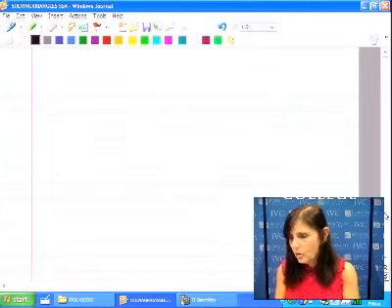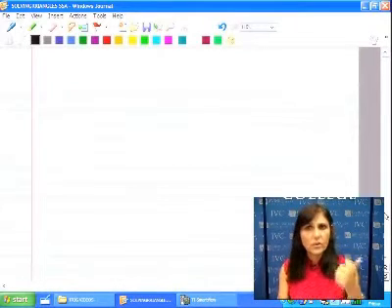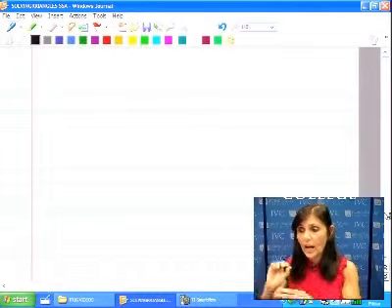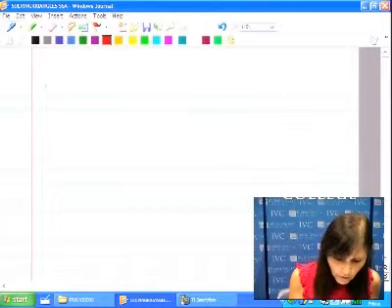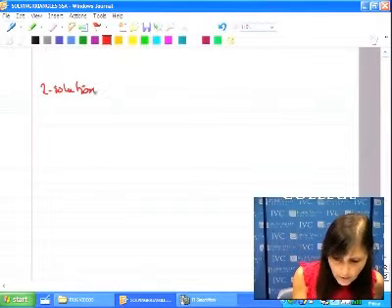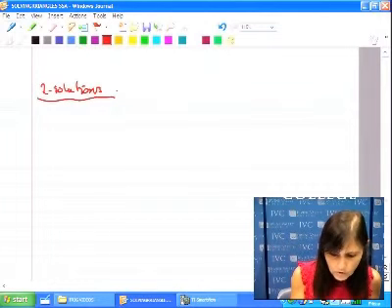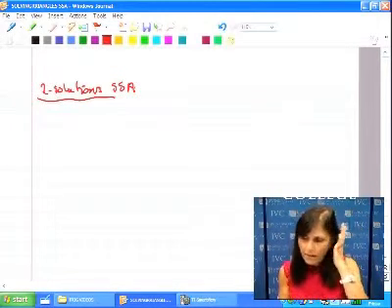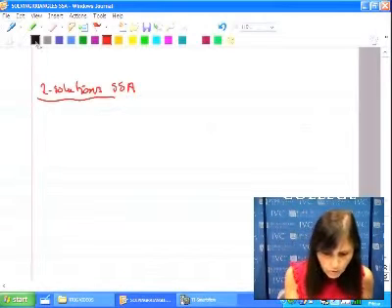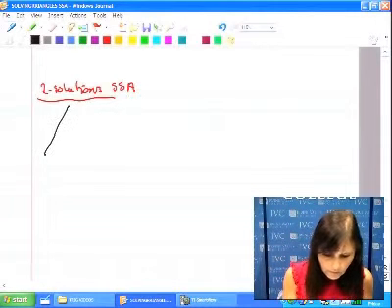I will do, let's say, 0 solutions, 1 solution, and I had one that was like 2 solutions. So let's go and do a 2 solution example. That's a 2 solutions SSA example. That's the ambiguous case. All right? So let's go draw this triangle.